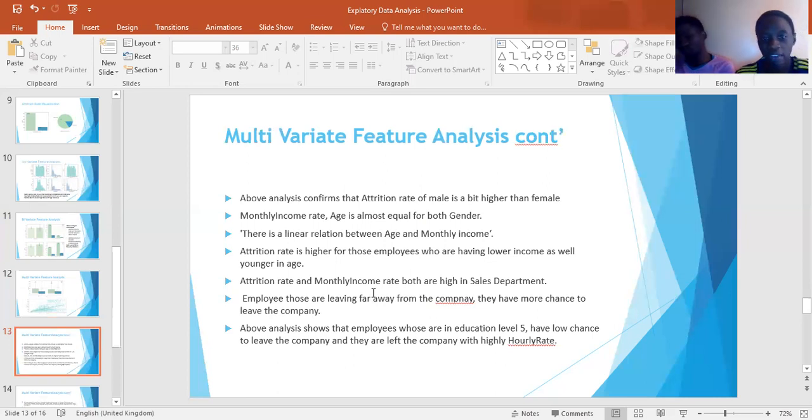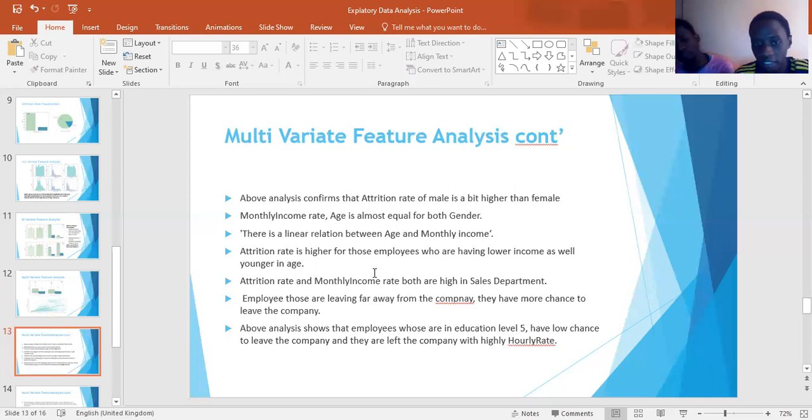Attrition rate is higher for employees who have lower income and are younger in age. Attrition rate and monthly income are both high in the sales department. Employees who live far away from the company have more chances of leaving the company.